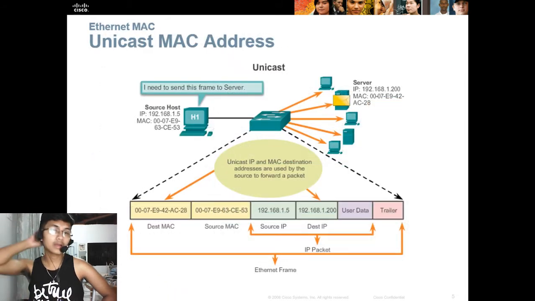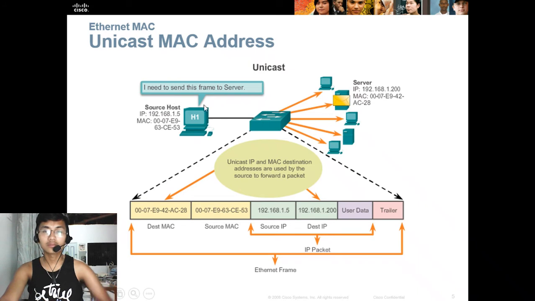Unicast MAC address: unicast is the sending of a frame to its specific destination address.